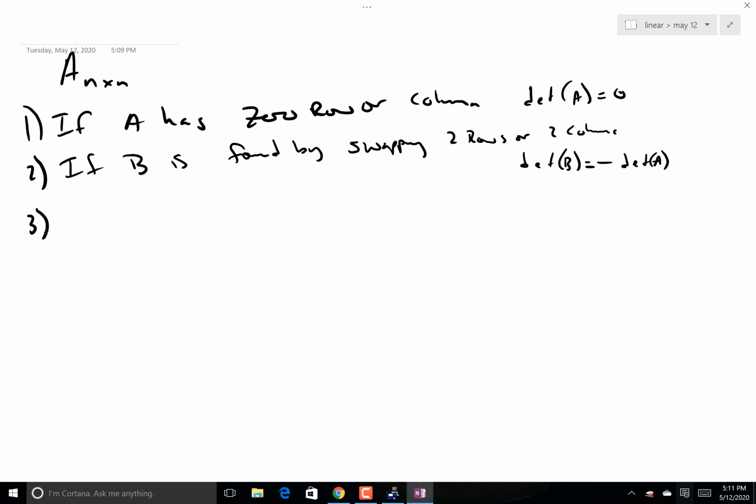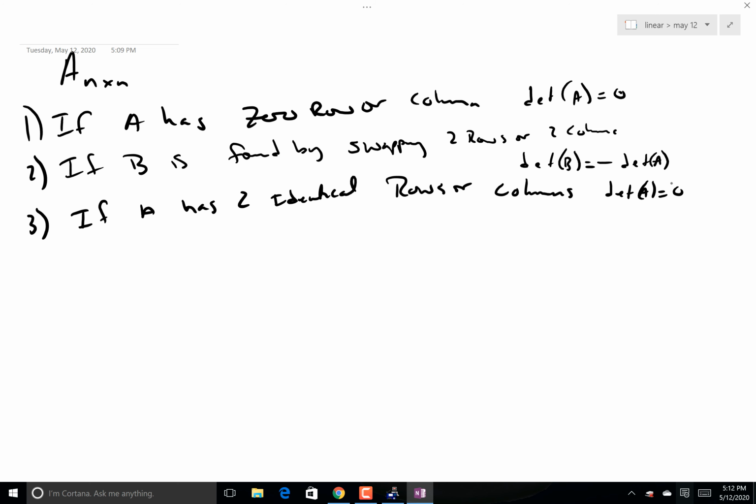If A has two identical rows or columns, the determinant of A is 0. Now again, remember, what is that saying to me? It's saying the thing does not have full rank, because obviously those two are linear combinations. So the determinant of A is 0 every single time.